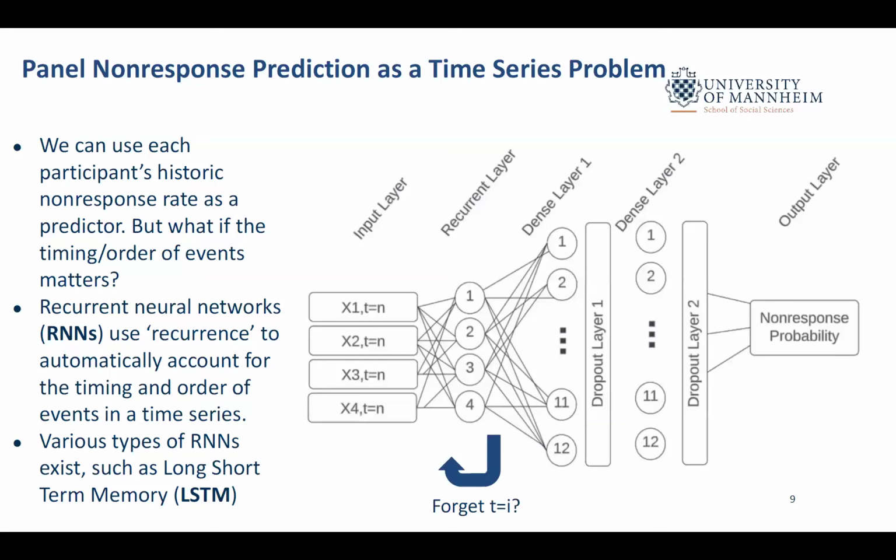Will that result in more non-response in the near future, or will that just go away without them non-responding? So these are generally called temporal dependencies in the data, the fact that the order of events and the timing of events matters. And we wanted to know whether a recurrent neural network might do well here.